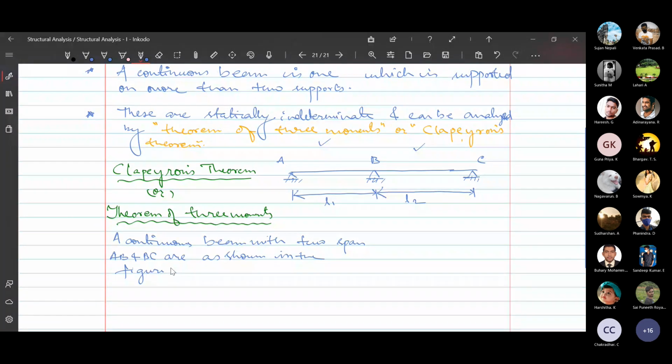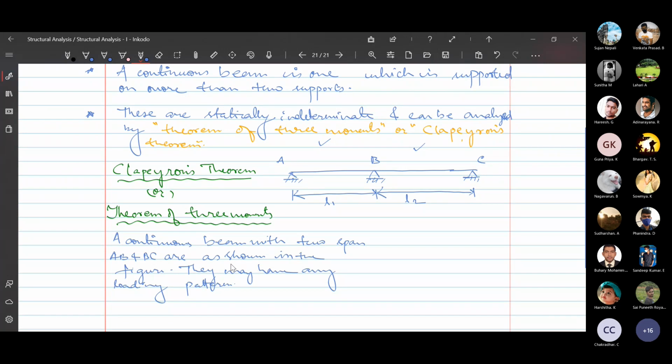Okay, and they may have any loading pattern.